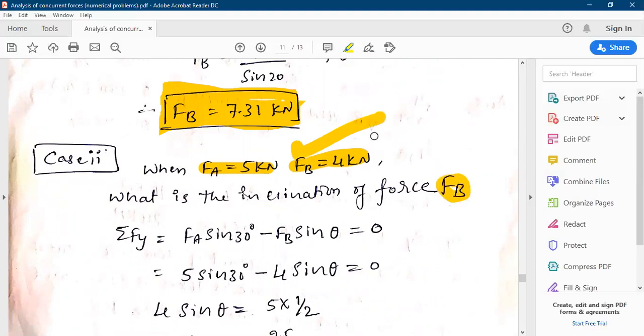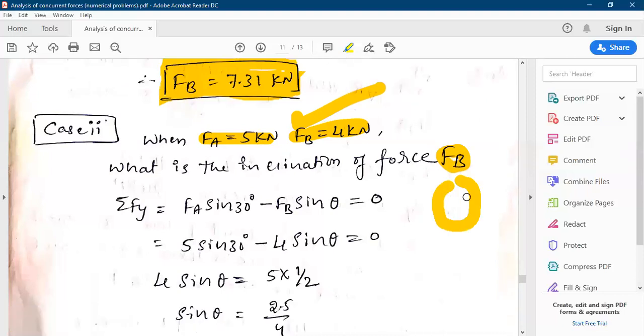In the first case, they gave the angle of inclination and asked us to calculate the Fb value. In the second case, they have given the force Fb value and are asking us to calculate theta of Fb with respect to the x-axis.